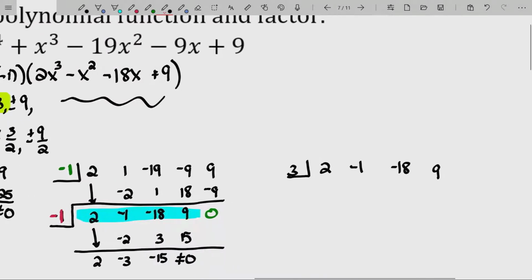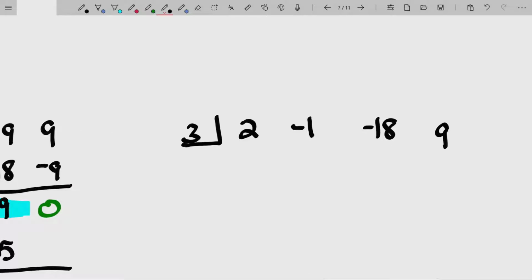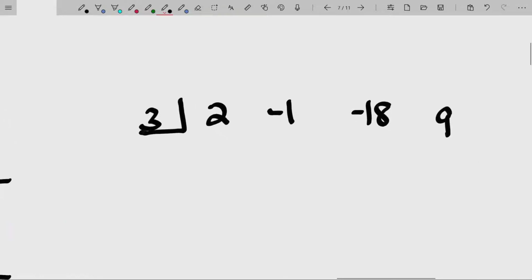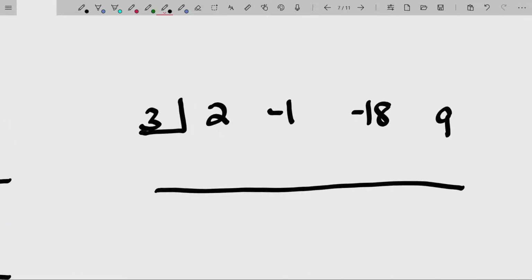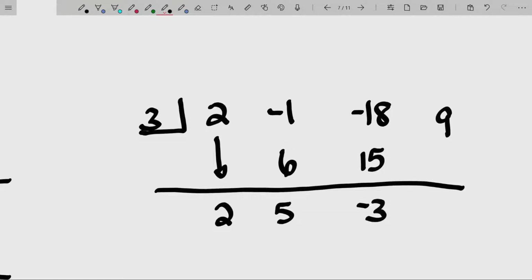Again, you could totally do this by factoring by grouping. It just happens to be with this one. But I'm going to still go ahead and do it this way. Bring down the 2. 2 times 3 is 6. Add them up. 5 times 3 is 15, which gives me a negative 3? Negative 3 times 3 is negative 9.